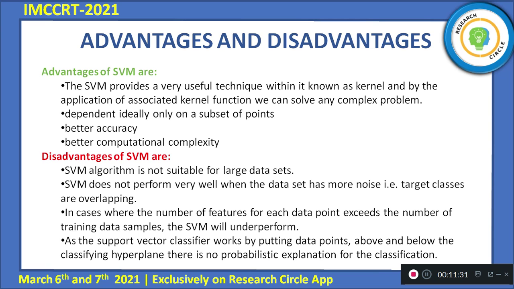The SVM will underperform as the support vector classifier works by putting the data points above and below the classifying hyperplane. There is no probabilistic explanation for the classifications.